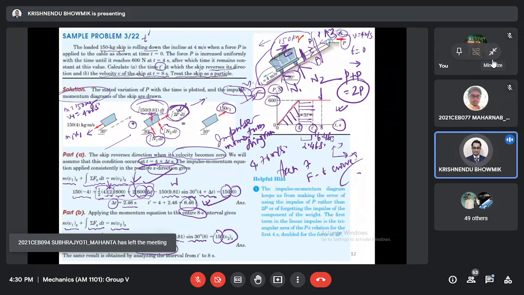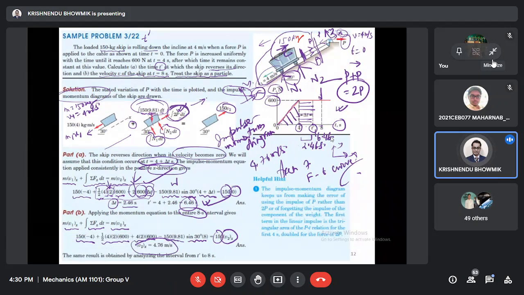Now what we are doing, we have initial conditions v equal to 4 meter per second downwards, and if I consider total t 8 second, then this graph up to 8 second will give the impulsive force applied. Sorry, the total impulse is this.